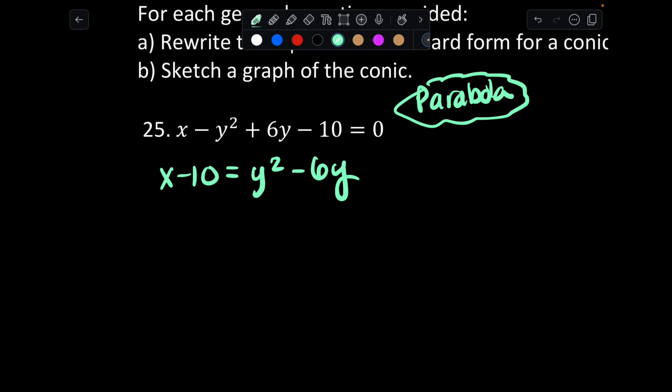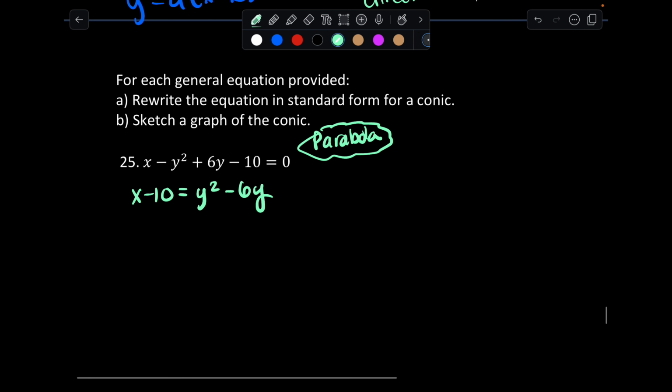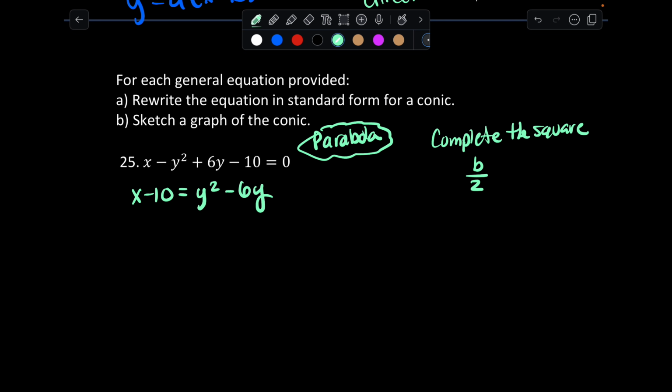Now, to get to vertex form, I hope you guys remember this, we have to complete the square. And just a quick reminder, to complete the square, you take the b value when you're in this form, the general form, and then you square it.